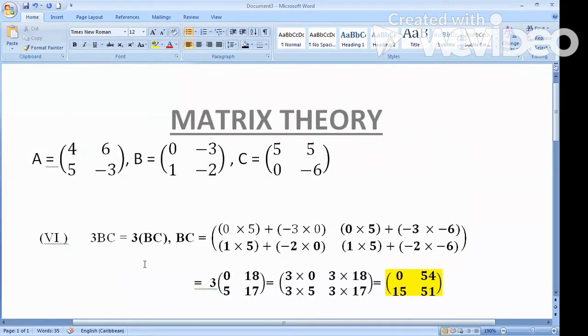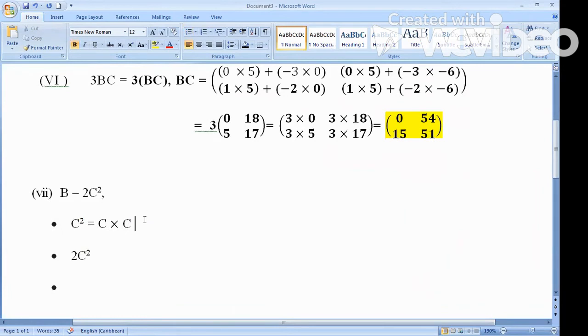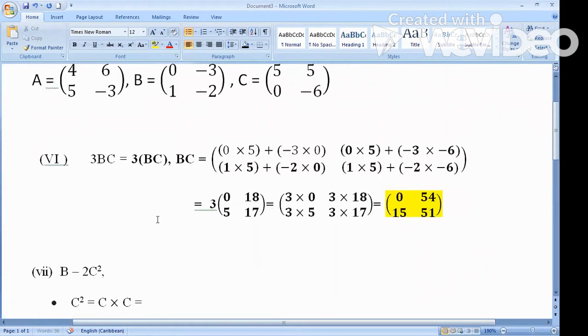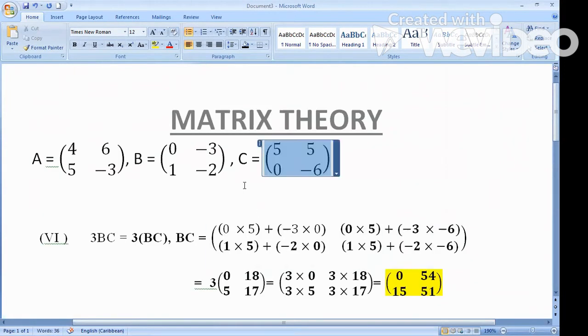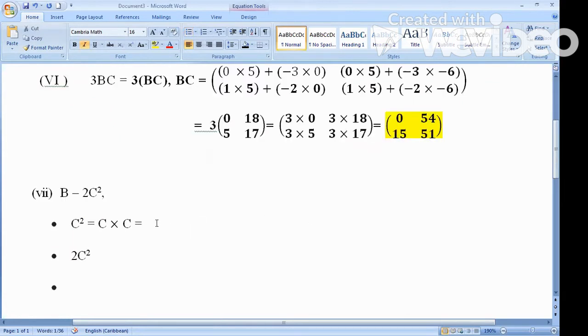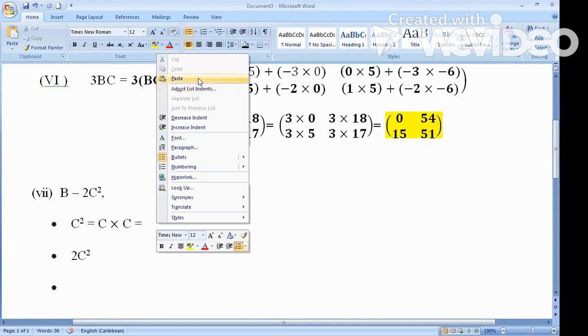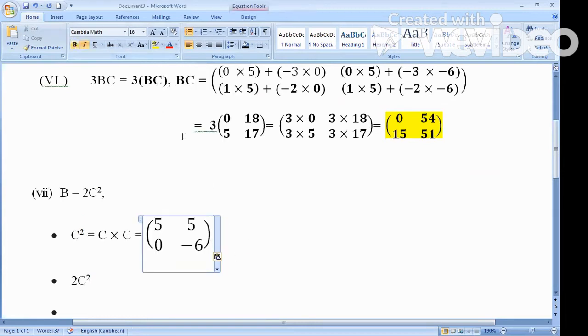C times C would be the matrix multiplied by itself. Understood. What you said is a common error that students make. And even when sometimes you make the correction, people still do the wrong thing. Don't get me wrong.